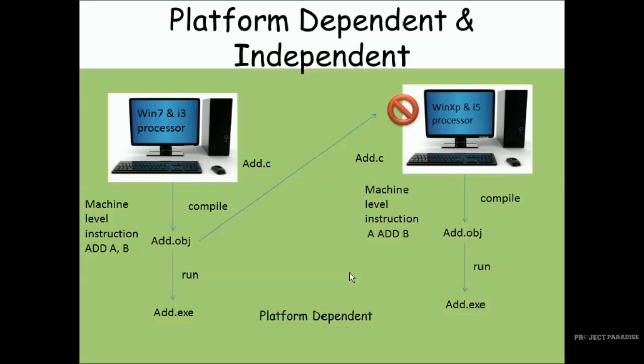The reason I'm explaining this characteristic is that C and C++ have it. If we write a C program or a C++ program on a particular operating system and processor, that program can be run again only on that operating system and processor. So what will be the demerit of this?